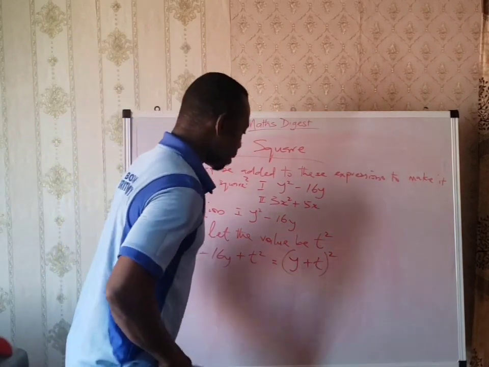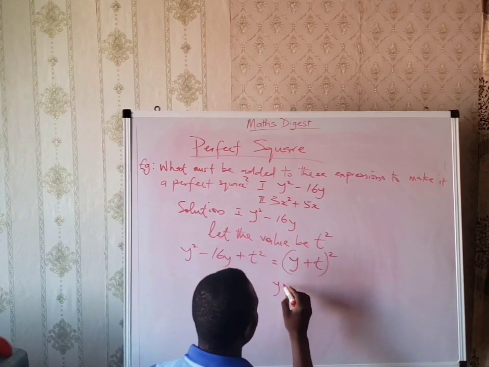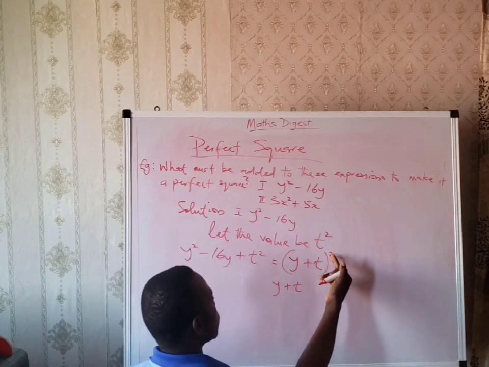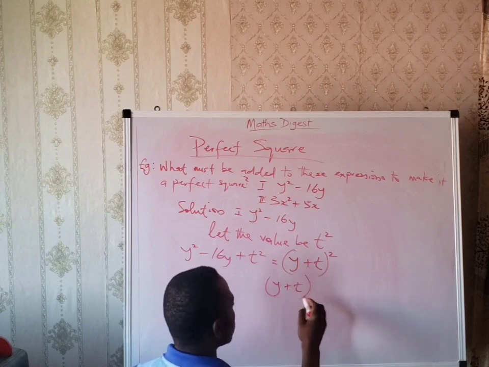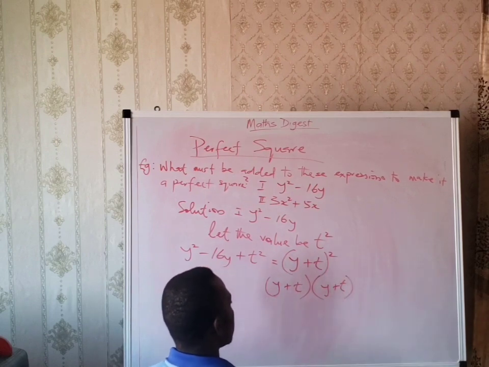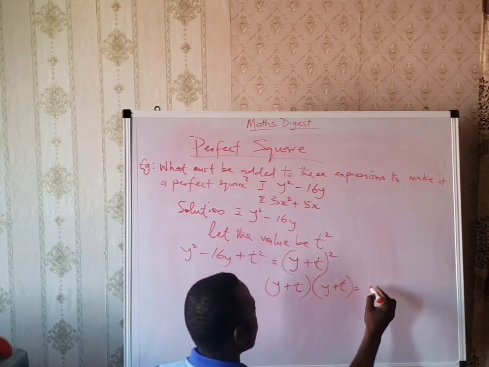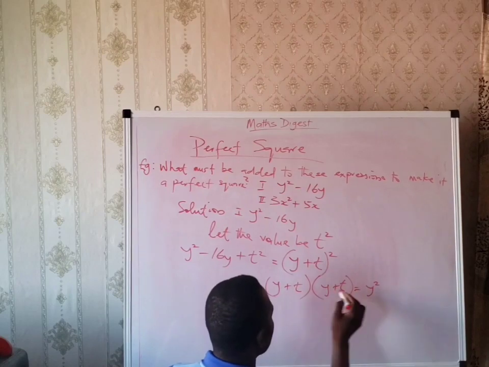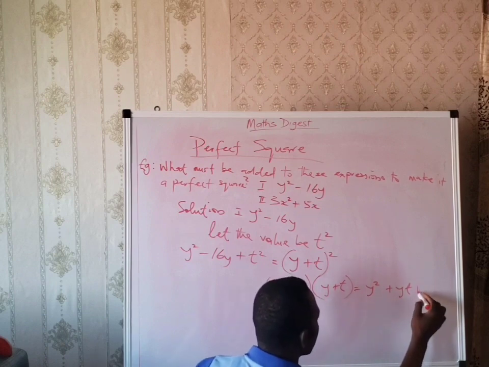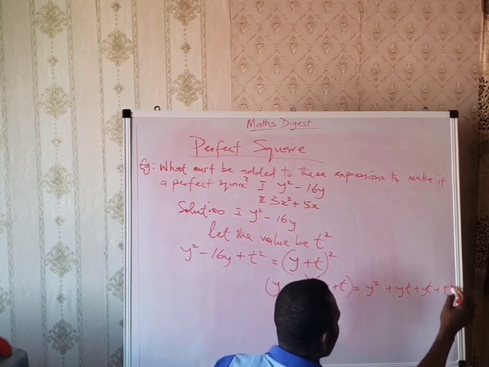Now, at this point, we want to expand this. Expanding this, remember this is raised to power 2. So we say y plus t, and again y plus t. Now, expanding this further, this times this is y squared, this times this is plus yt, this times this is plus yt, and this times this is plus t squared.